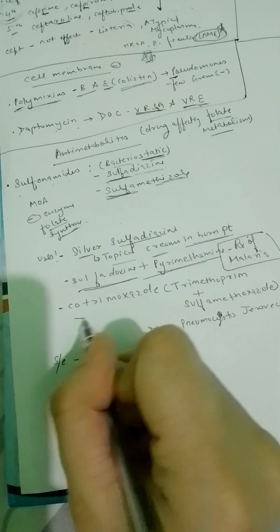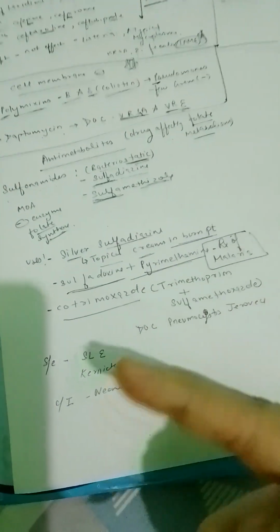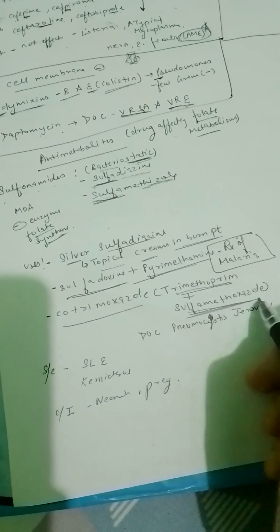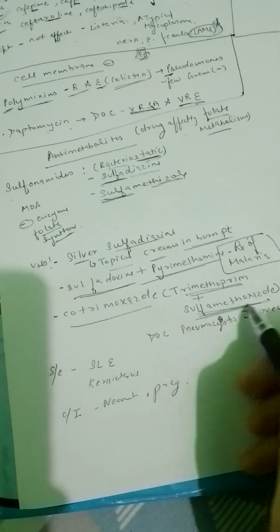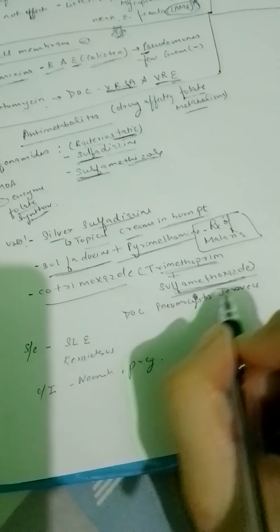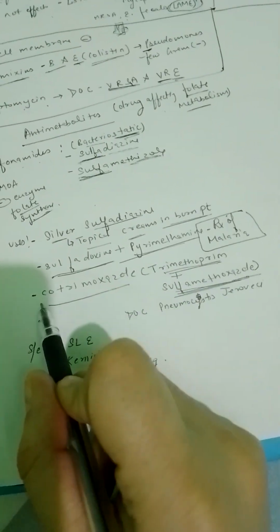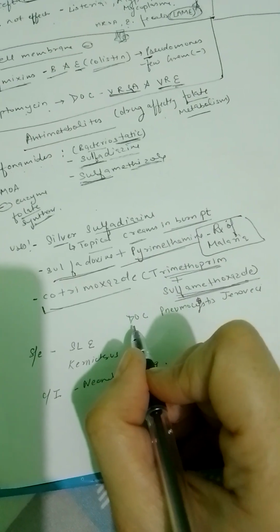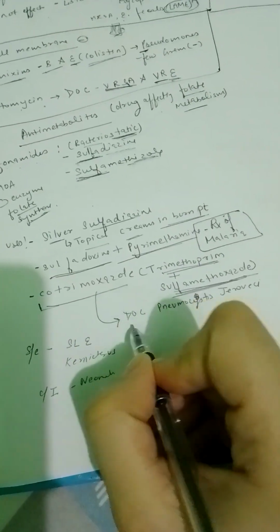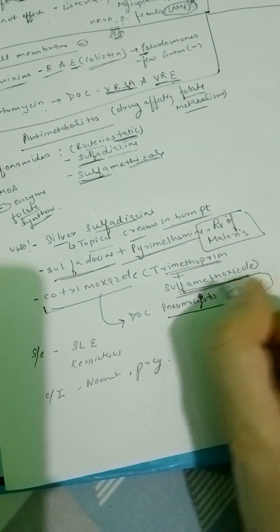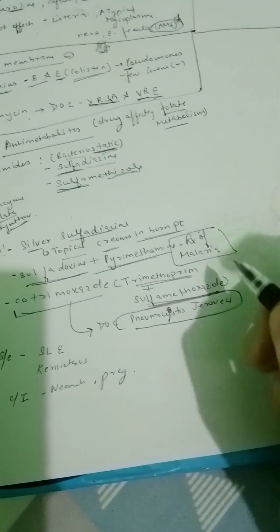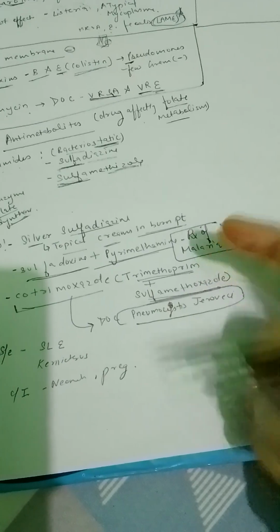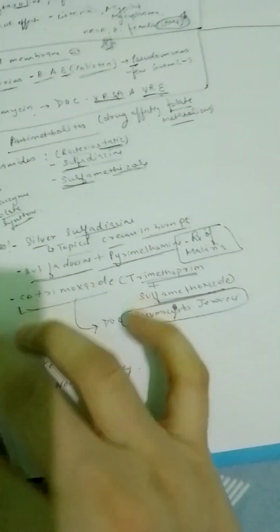Then another one is cotrimoxazole, which is a combination of trimethoprim plus sulfamethoxazole. This cotrimoxazole is a drug of choice for Pneumocystis jirovecii, which is often seen in patients with HIV. So at that time we use this cotrimoxazole.